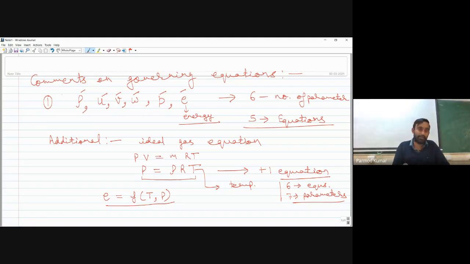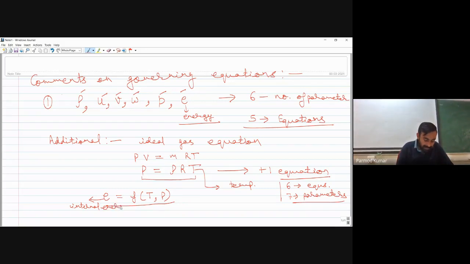We can take any other property also, but the state postulate from fundamental thermodynamics states that to define any property we require two independent parameters. Considering that, I can equate energy as a function of temperature and pressure. This will only happen if I consider E as my specific internal energy.